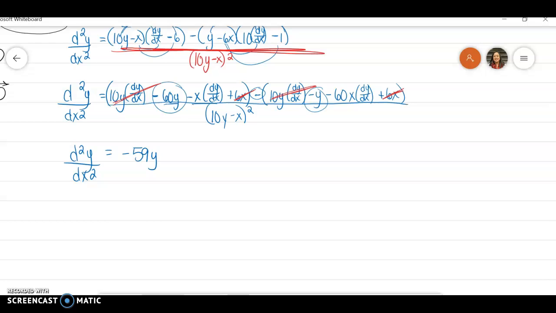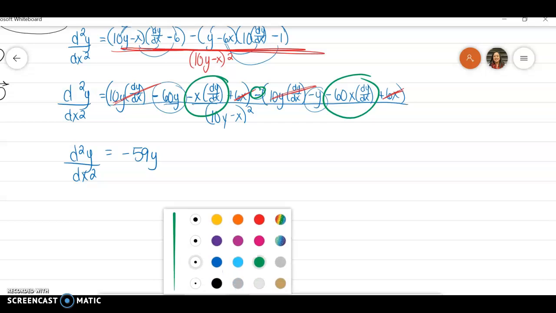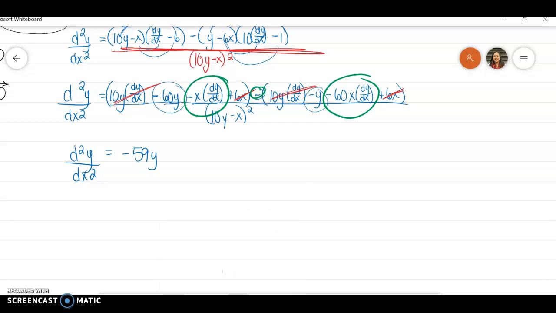And then I have negative x dy over dx, and minus negative 60x dy over dx. So what that's going to leave me with is plus 59x dy over dx. And let's stick that in parentheses.